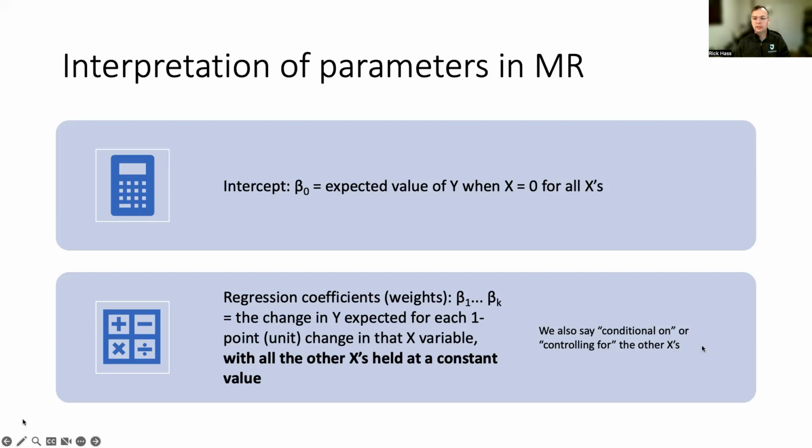Which is also to say that we're conditioning on the other values of X or we're controlling for them. What that means mathematically is in multiple regression, the betas give you the change in Y for each unit change in X that's unique to that relationship.